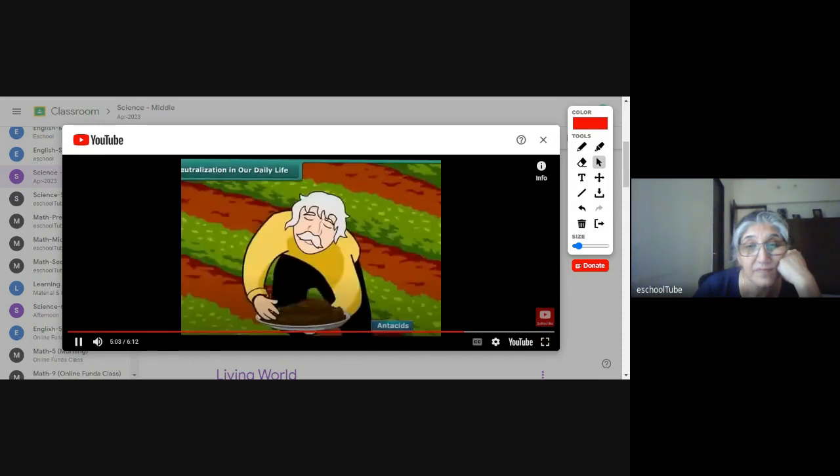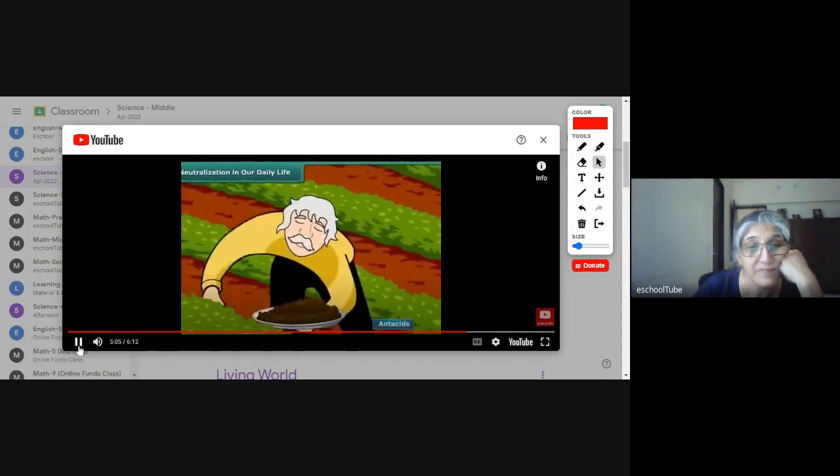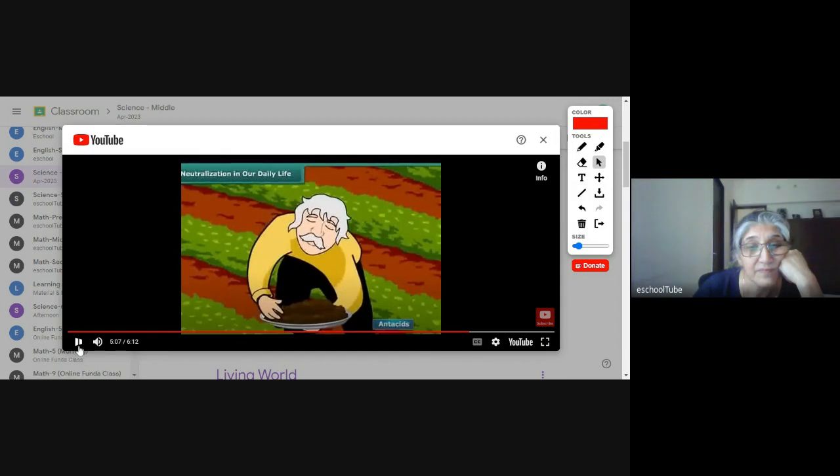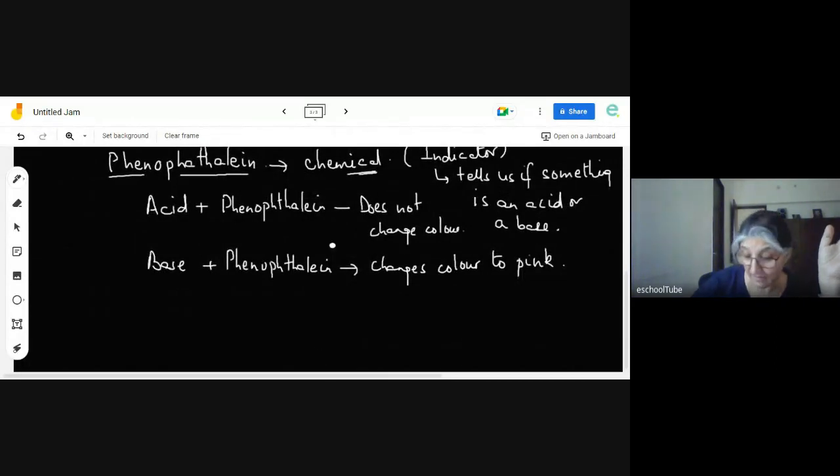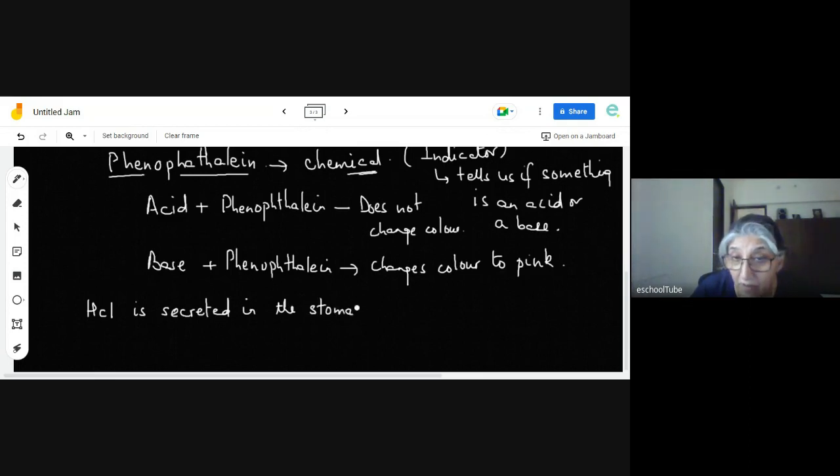Soils which we use for cultivation can become acidic or basic in nature. Okay, so first we just say this. So what is happening? Hydrochloric acid, HCl, is secreted in the stomach. Why is it secreted?